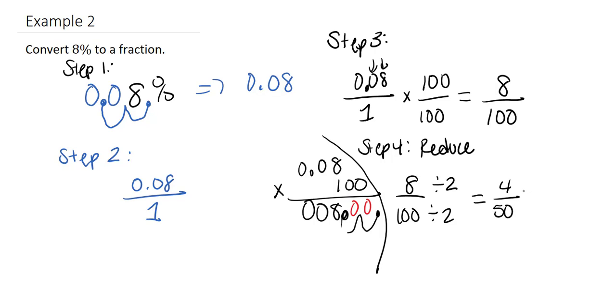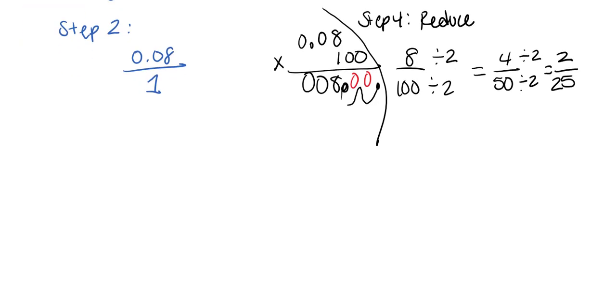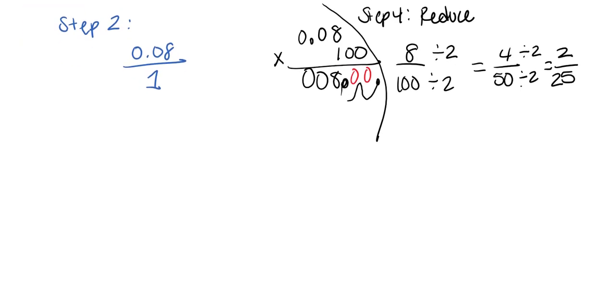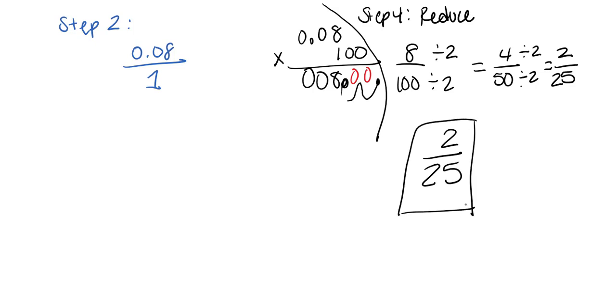Then they're both even, so we need to divide again by 2 on the top and the bottom. 4 divided by 2 is 2. 50 divided by 2 is 25. So our reduced fraction then is 2 over 25, and this would be 8% represented as a fraction.